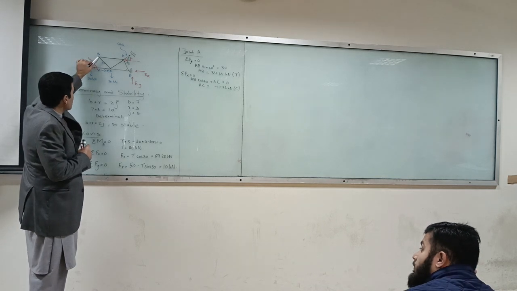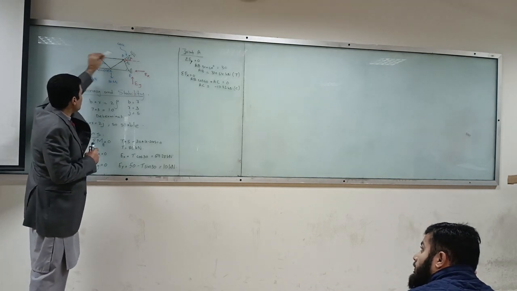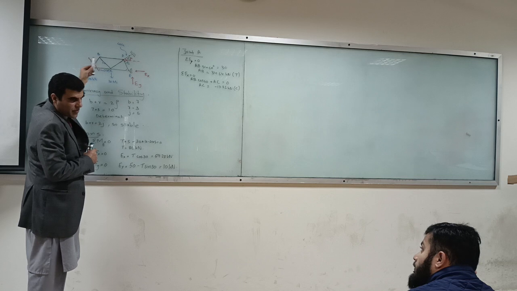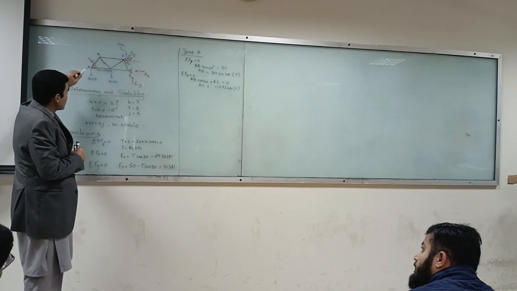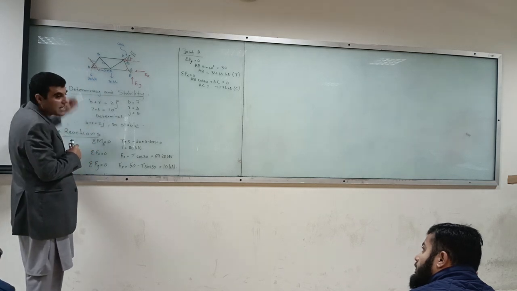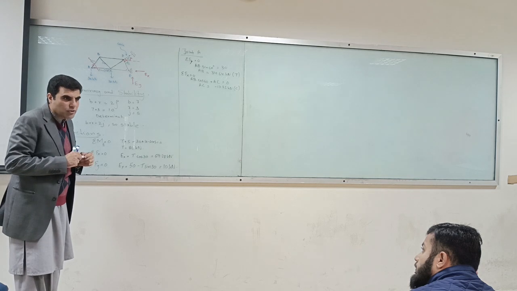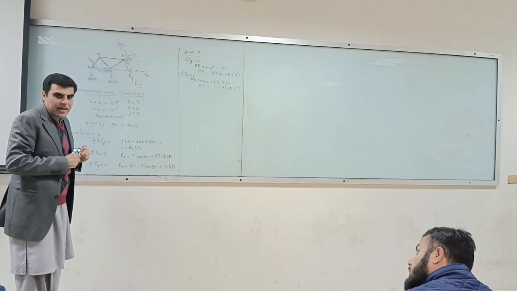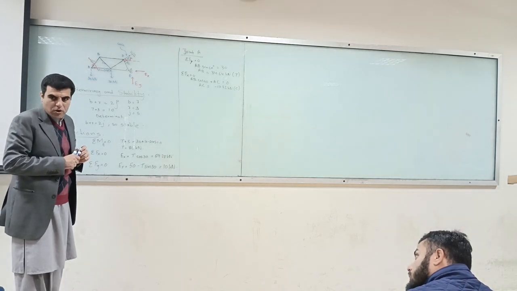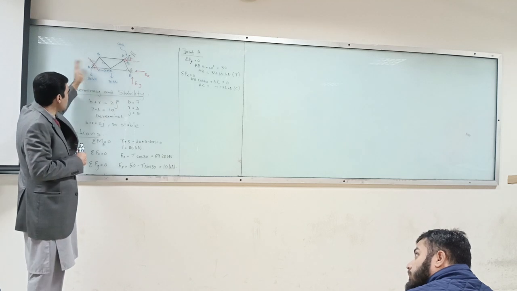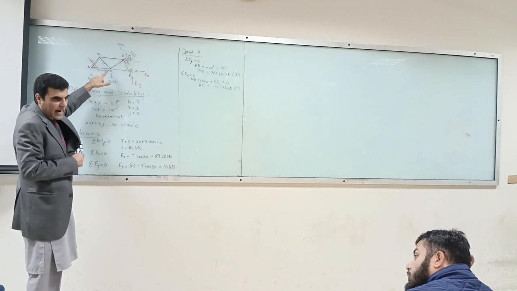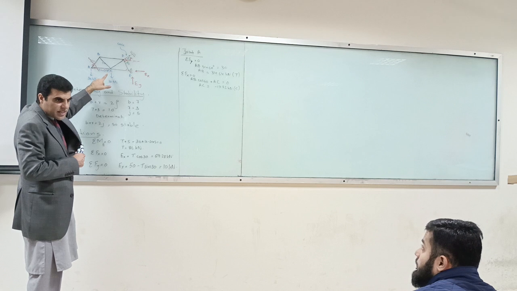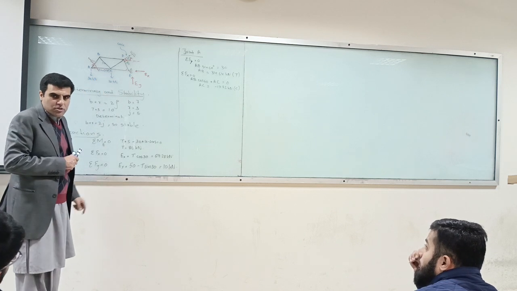Now you can go like this or you can go like this, it's up to you. But say that you have at least two unknowns. Remember, you have got two equations and you must have two unknowns. So for example, if you had started with joint C, you wouldn't have been able to solve it.